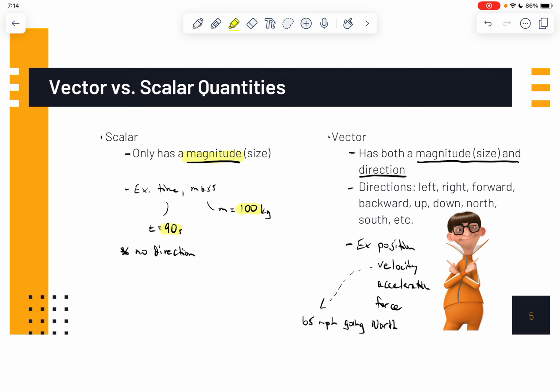The fact that we have that extra bit of detail, a direction given as well, means our car is not just traveling 65 miles per hour, it's going 65 miles per hour to the north. That key direction information is what determines that things like velocity are vector quantities.